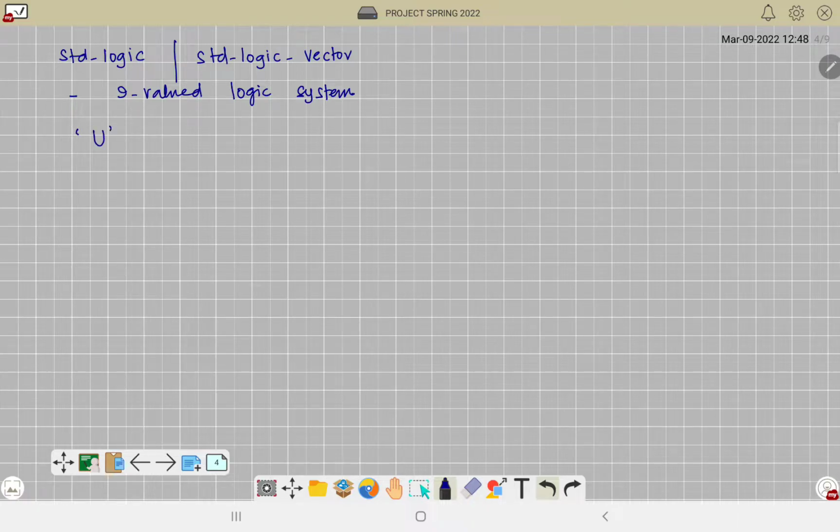It can take a value U, which stands for uninitialized. It can take a value of 0, we call it a forcing 0, या hard 0, या strong 0, forcing low. It can take a value of 1, we call it a forcing high.